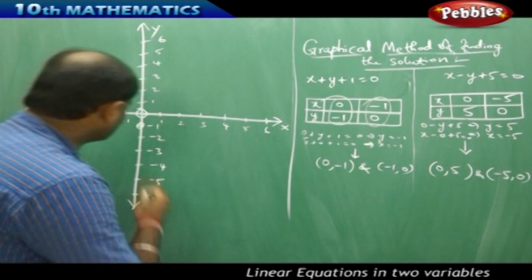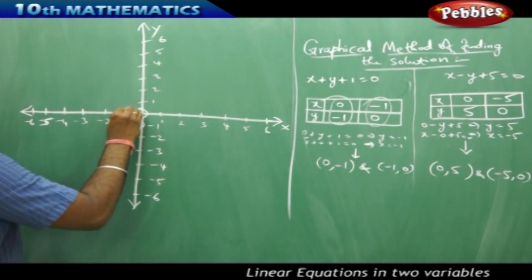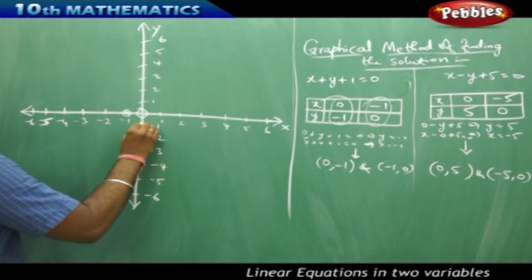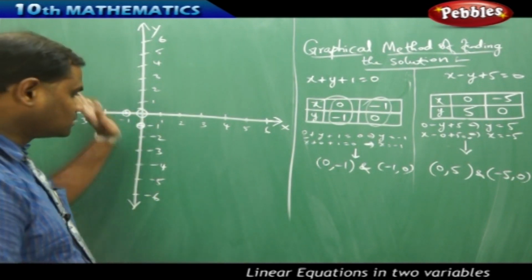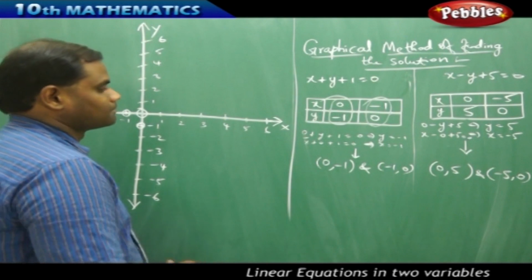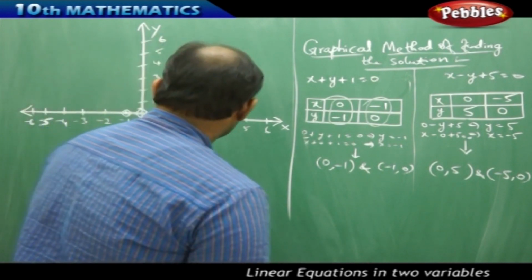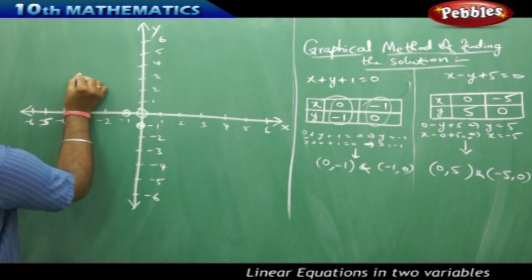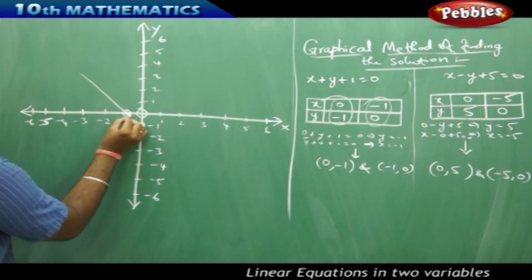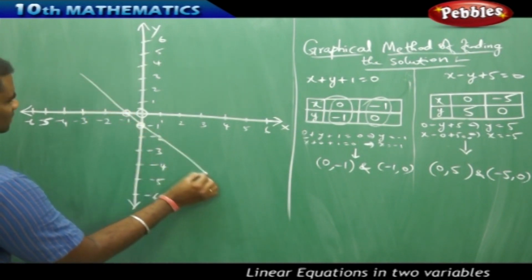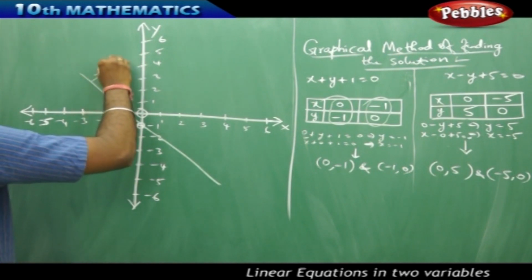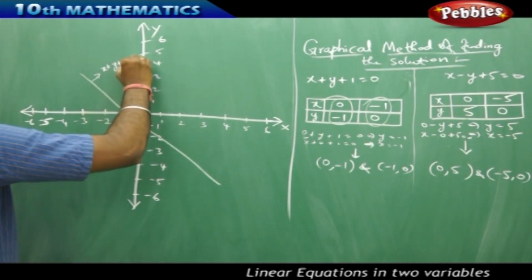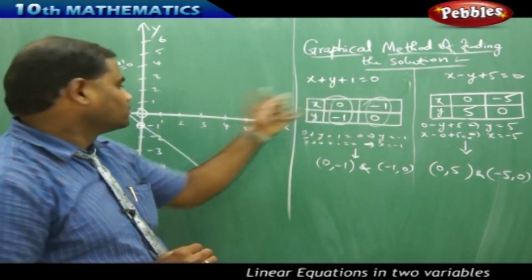And (-1, 0) comes here, and (0, -1) comes here. When I intersect them, I get the coordinates. Similarly, I join the points, and this is the straight line whose equation is x + y + 1 = 0.